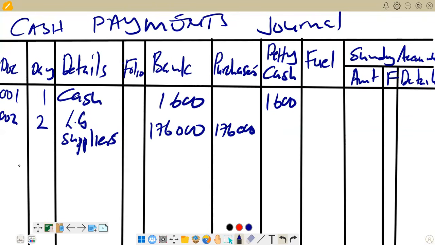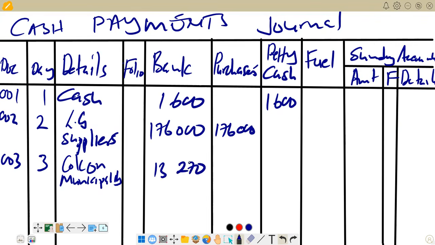So we can go there and just enter that one on cash payments journal. So the document number there is 003, and this is day 3. Then the payee is Kokon municipality. Then folio, we don't have any information for that. Then the amount that we have is 13,270.